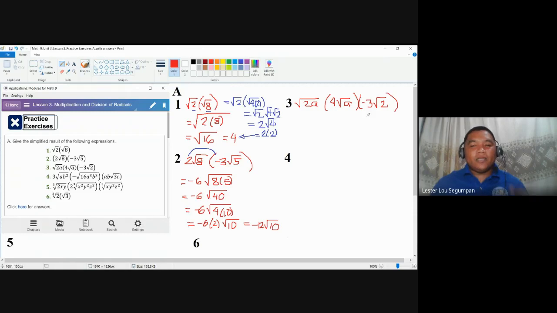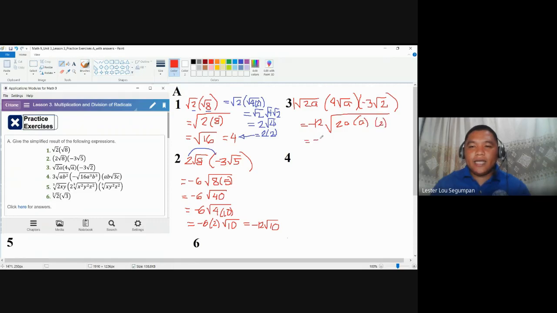So again, multiply the numerical coefficients first. This understandably has 1 here, right? So that's 1 times 4 times negative 3. You have negative 12. And then square root of the value of the radicals. Since we have the same indices, we can just combine all of them at once. So you have 2a times a times 2.